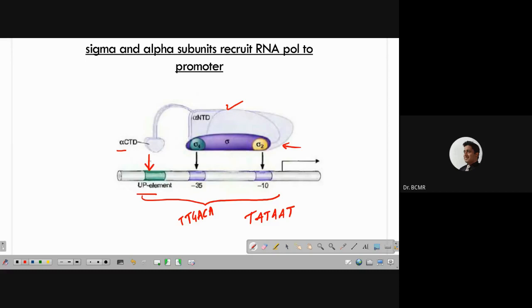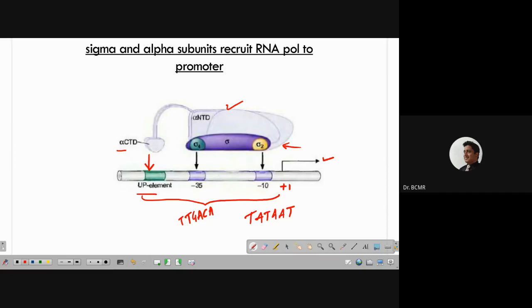It's not necessary that all promoters have an up element. That's one thing you need to keep in mind. And the broken arrow shown here indicates the +1. When you say +1, that is the first base added during transcription.